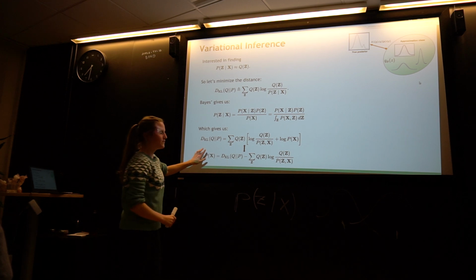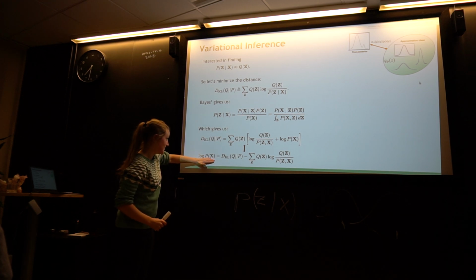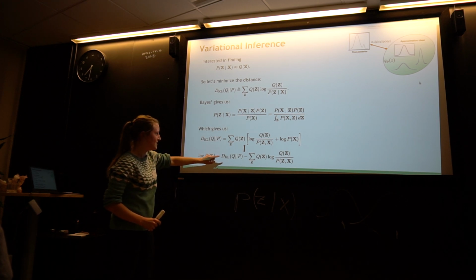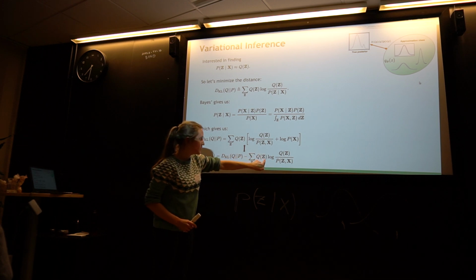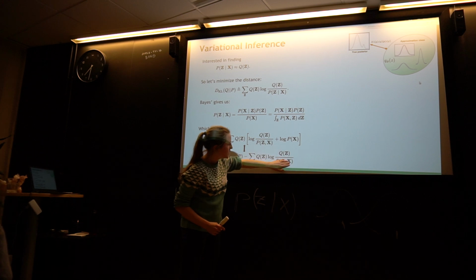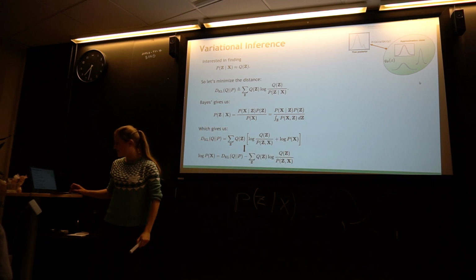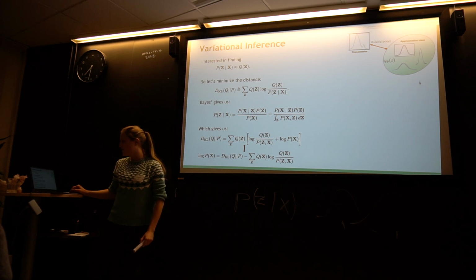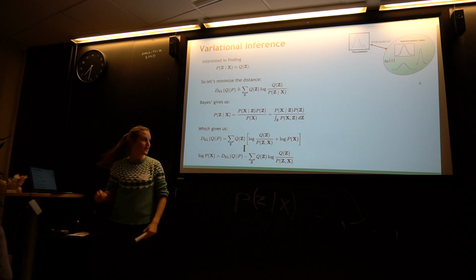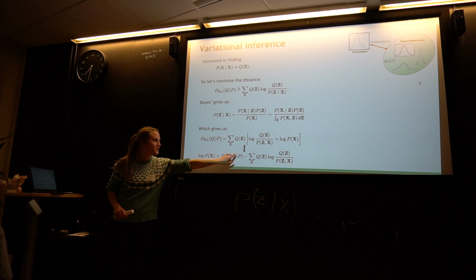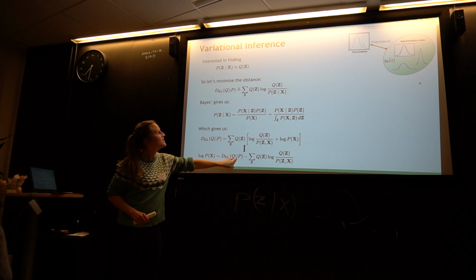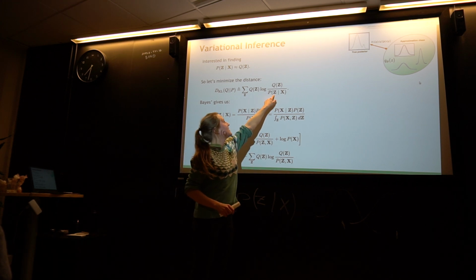So suddenly we have an equation of what our data log likelihood looks like in terms of these approximate distributions and our original distribution. This is awesome. Of course, that's exactly what we wanted. What's hard for us is that we can't really compute this one because, as you remember, we didn't have access to this one.